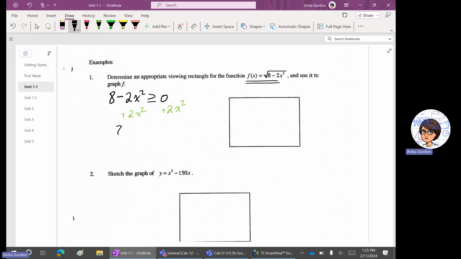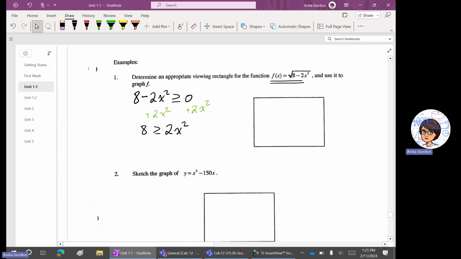When we solve equations with an inequality, we can more or less treat them like an equal sign, but there is one exception. I'm going to write that on the side of our page here.